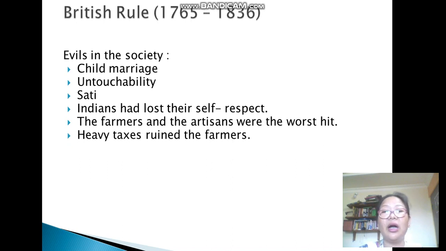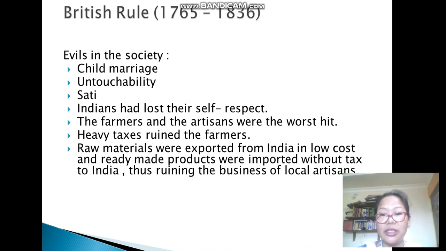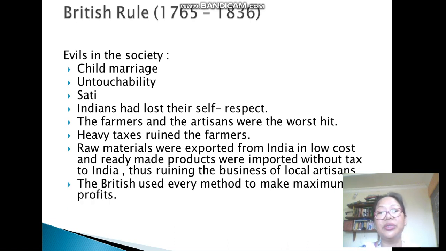because heavy taxes were imposed on farmers, and raw materials were exported from India at low cost, and ready-made products were imported into India without tax. Thus, it ruined the business of local artisans. Britishers used every method to take control of maximum profit.